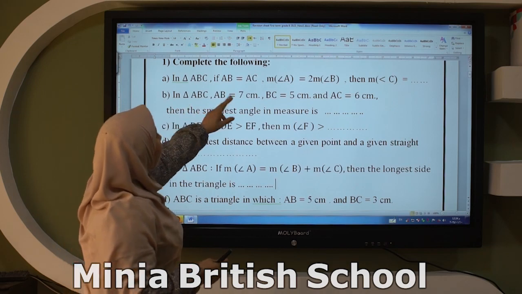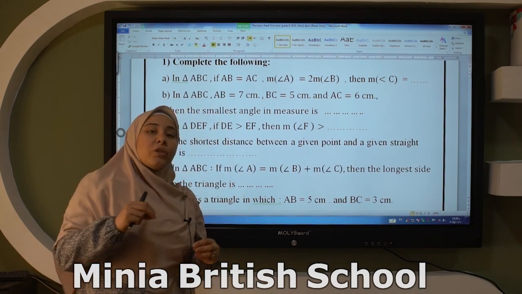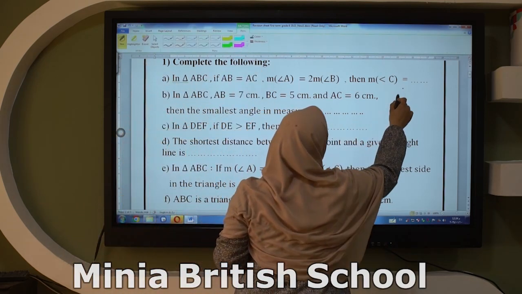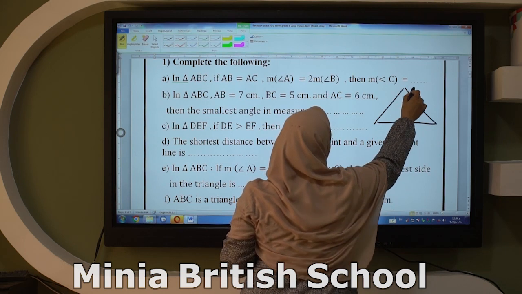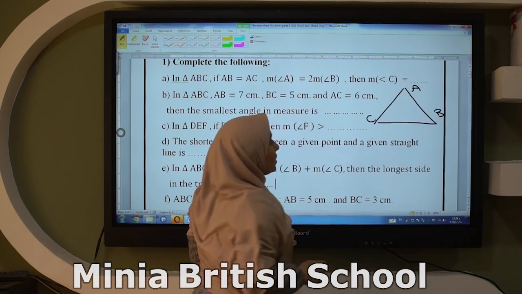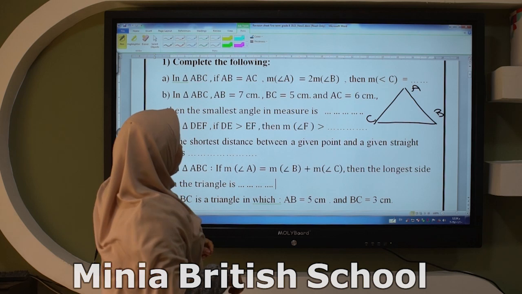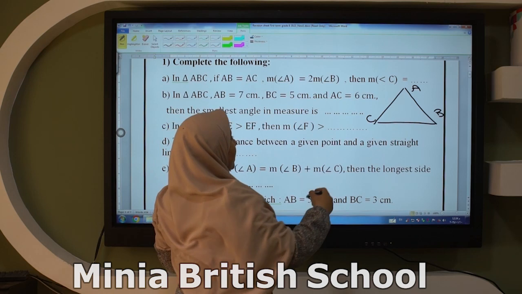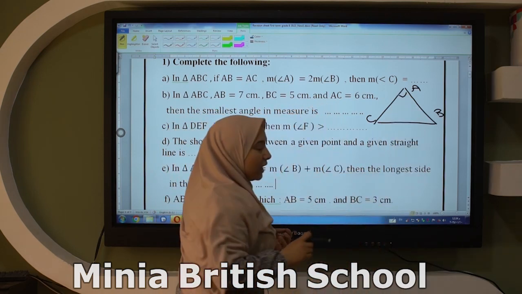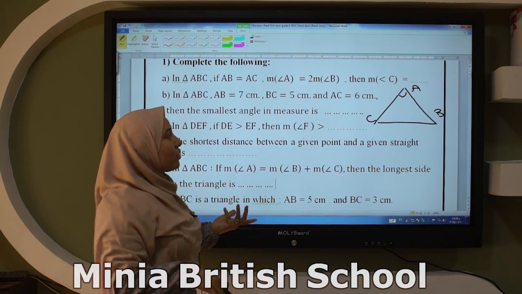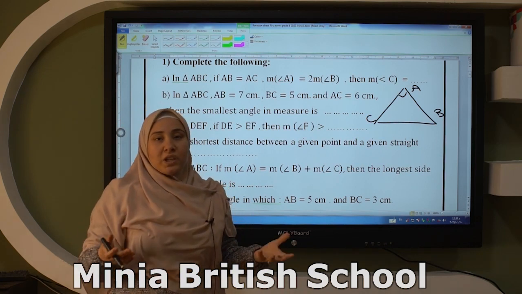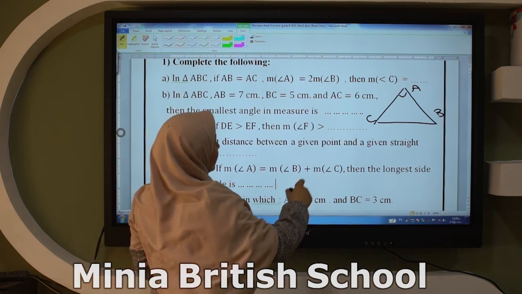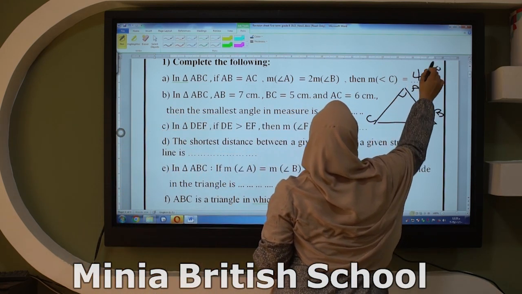Here I have the common letter A, then the vertex of the triangle is A, and the base angles are B and C. If the measure of angle A is the double of the measure of angle B, then angle A here is a right angle. Then the measure of angle C equals 45, because the 2 base angles are equal in measure. Then the measure of angle C equals 45 degrees.